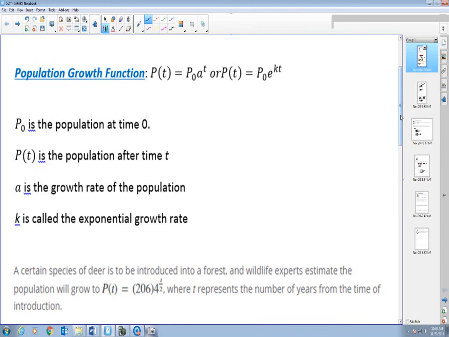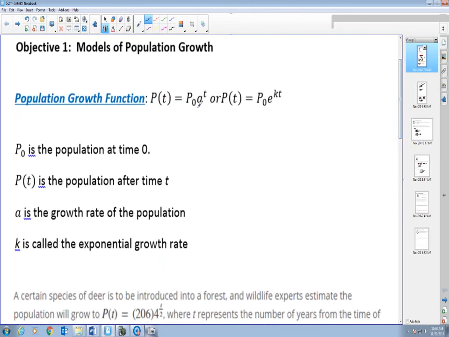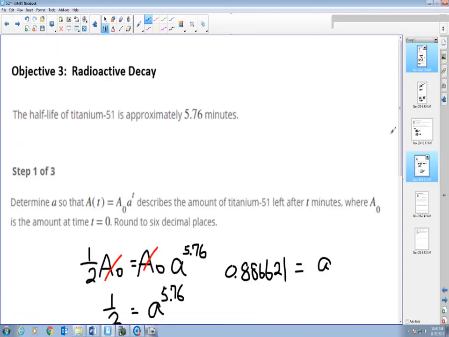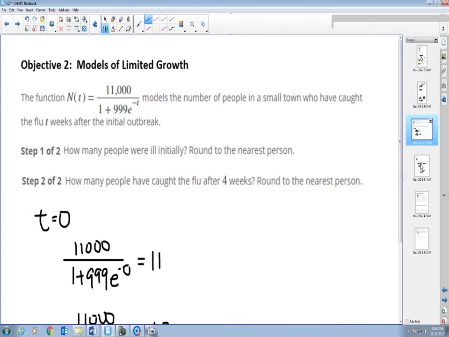But I can also have a population decrease by looking at my growth rate being 0 point something instead of 1 point something, while holding the exponent positive. In this other model, where the e is 2 point something but I'm having a negative t power, that negative tells me it's going to be a decrease.